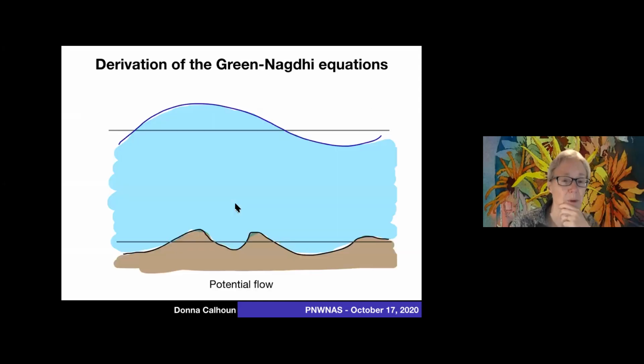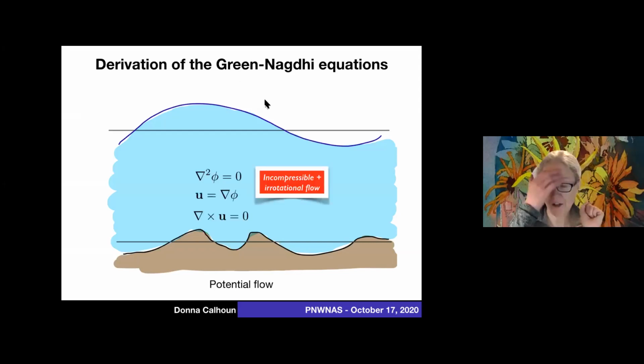Okay, so how do we derive the shallow water equations, and then what we want to solve, which are these Green-Naghdi equations, or Serre-Green-Naghdi equations, which are this formulation involving these dispersive effects. For the shallow water, we start with incompressible and irrotational flow, so potential flow.